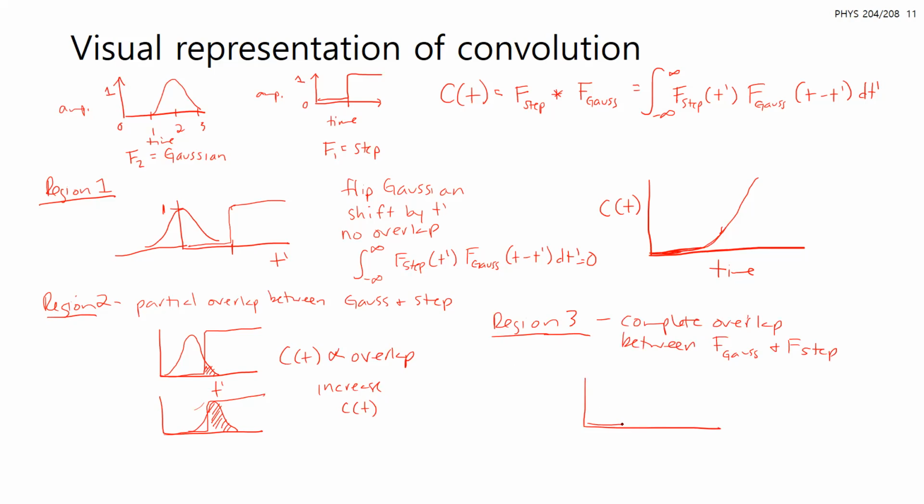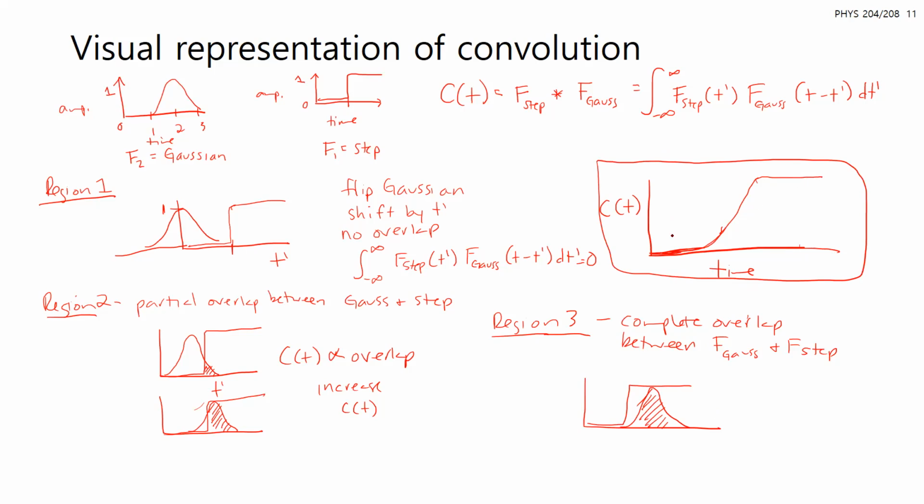So if I sketch this out, here's our step function. That's when the Gaussian is completely under here. And as you shift it more and more over, it's going to be a constant again. So this is what our convolution plot will end up looking like, the final plot based on these 3 regions.